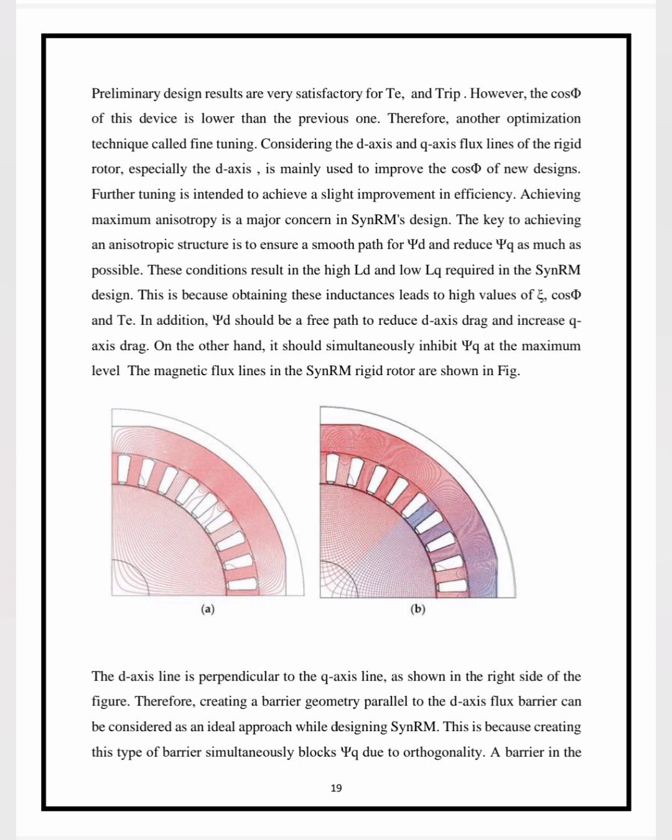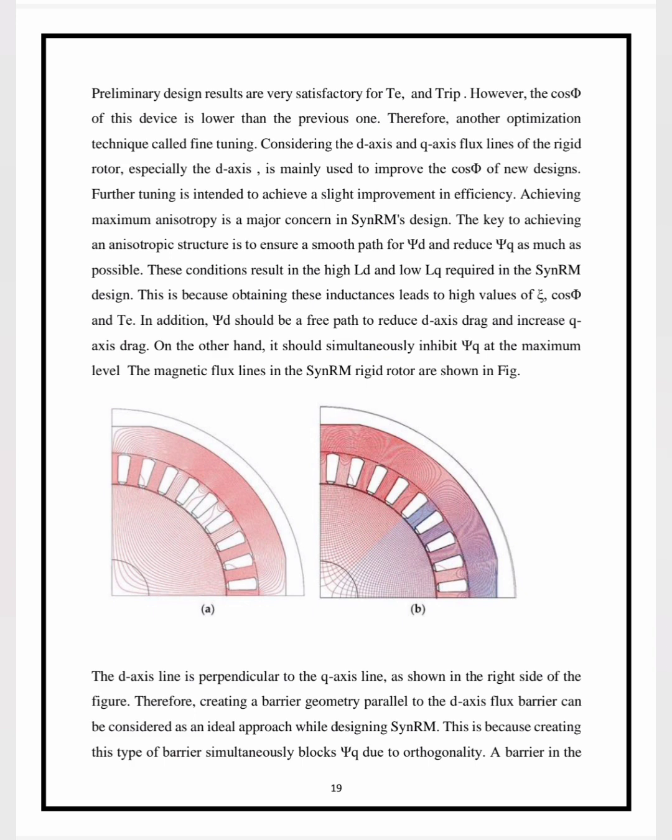Now we will see how the magnetic field can be affected. The d-axis line is perpendicular to the q-axis line, as shown on the right side of the figure, therefore creating the barrier geometry parallel to the d-axis. Flux barrier can be considered an ideal approach while designing CNRM. This is because creating this type of barrier simultaneously blocks psi q due to orthogonality.